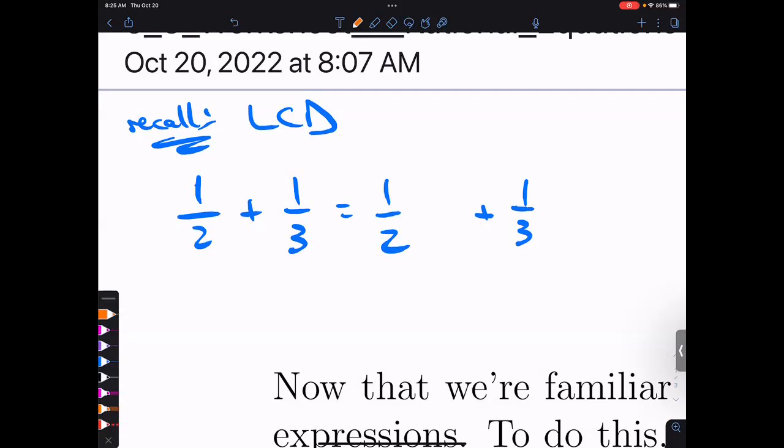Why? Basically you have to go up to a common multiple for 2 and 3. The smallest of those would be 6. You could go to 12 or 24 or a billion, but typically we try to go to the smallest one so that we don't have to do work reducing on the back end. So multiply this by 3 and this by 2, because that's going to take us up to 6.